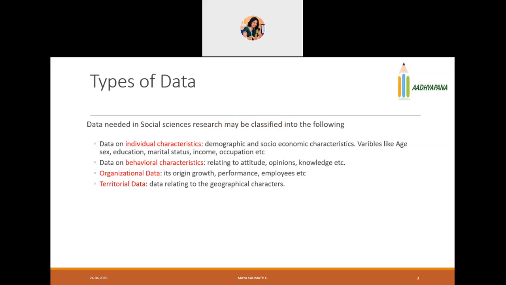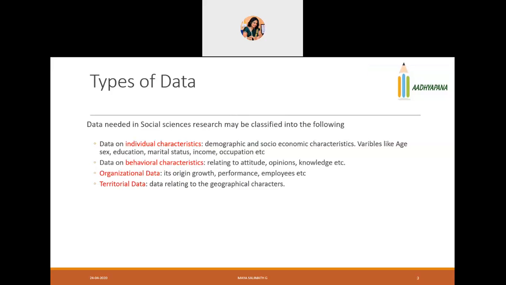So what are the types of data which are available? Especially in the social sciences, we have data on individual characteristics, that is the variables like age, gender, education, marital status, income, occupation, etc. We have data on behavioral characteristics, attitudes, opinions, and challenges.